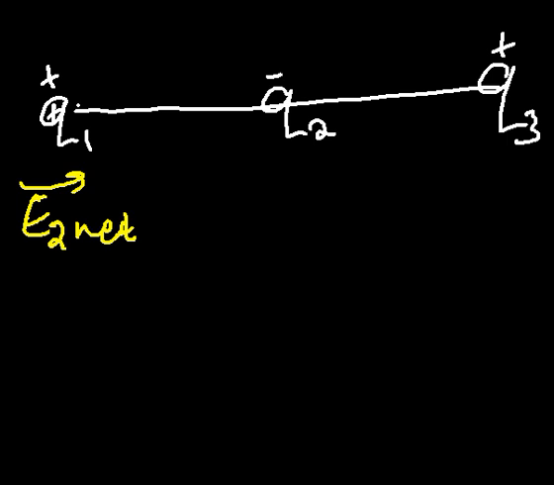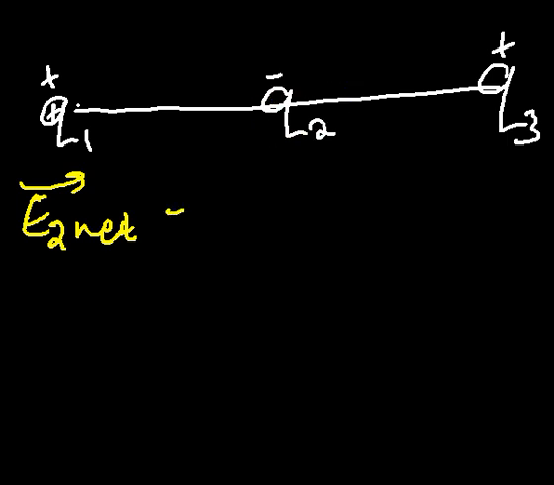Since our point of interest is at the point where there is the charge Q2, it means the charge Q2 will have no contribution towards the electric field at that particular point.